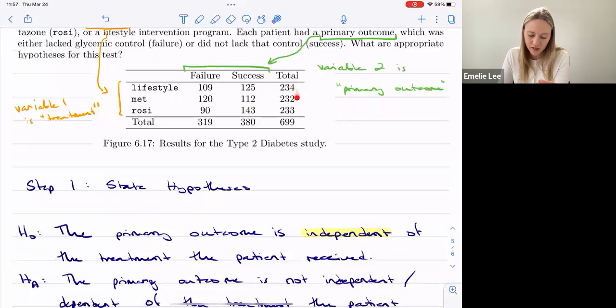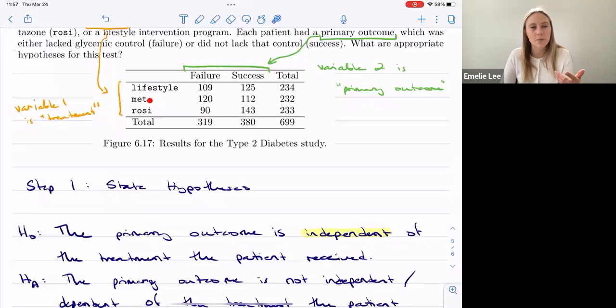Notice that the totals are approximately the same, right? 234, 232, 233, that's roughly the same, right? And so, but now I'm kind of seeing this trend of, okay, there's slightly fewer failures in the Rossi category than I would expect to see if they were all the same, right? So if the distribution of failure to successes is the same, not necessarily even, but if they were consistent across the categories for the treatment, right, then that's what I'm testing.